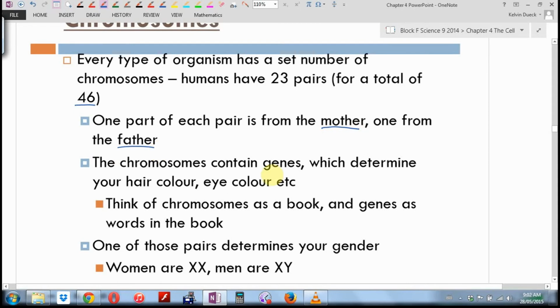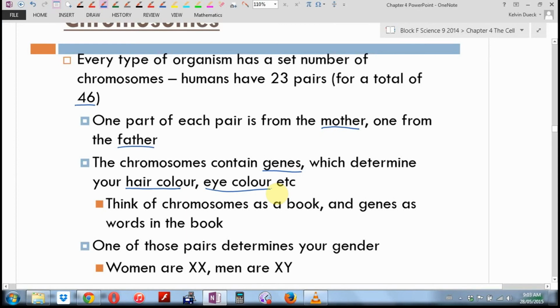The chromosomes contain genes, not J-E-A-N-S, not the pair of pants. Genes, G-E-N-E-S. And these genes determine your hair color, your eye color, everything.